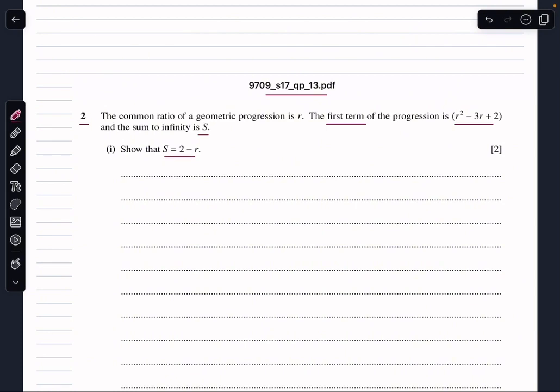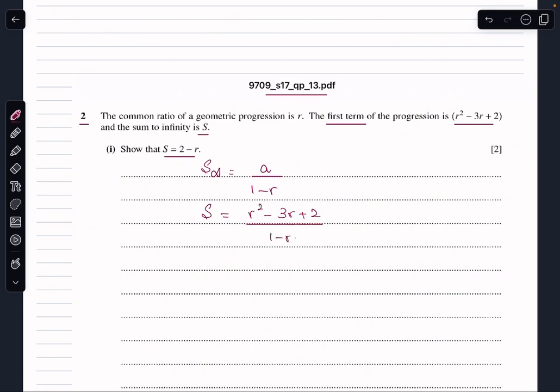Solving it, I should know that sum to infinity is equal to a divided by 1 minus r. Sum to infinity is s, and the first term is r square minus 3r plus 2, which should be divided by 1 minus r.